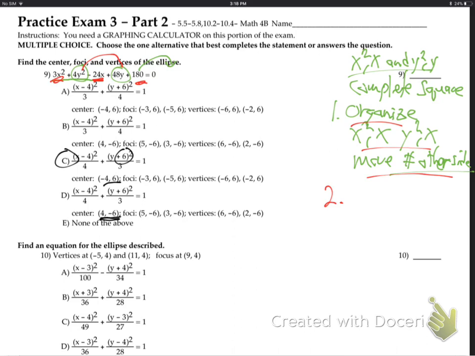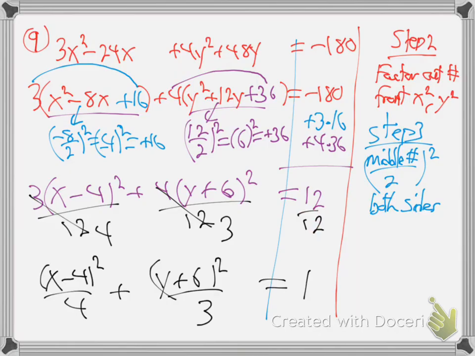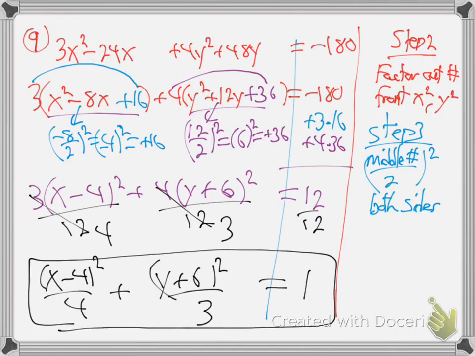So it should be 4 minus 6, which means D is the right answer. That's pretty tricky because this center was wrong. So it's D on number 9. Let's move on.